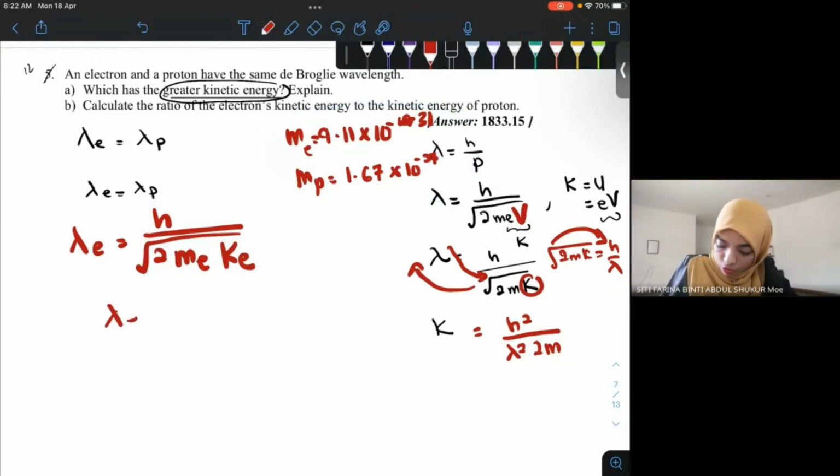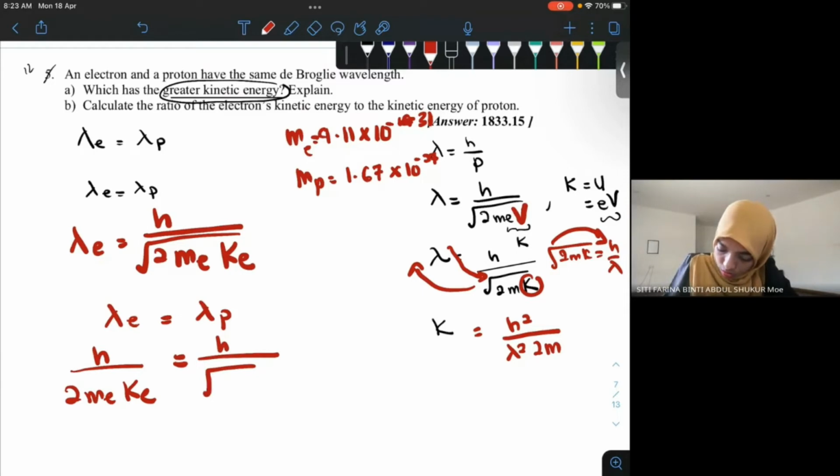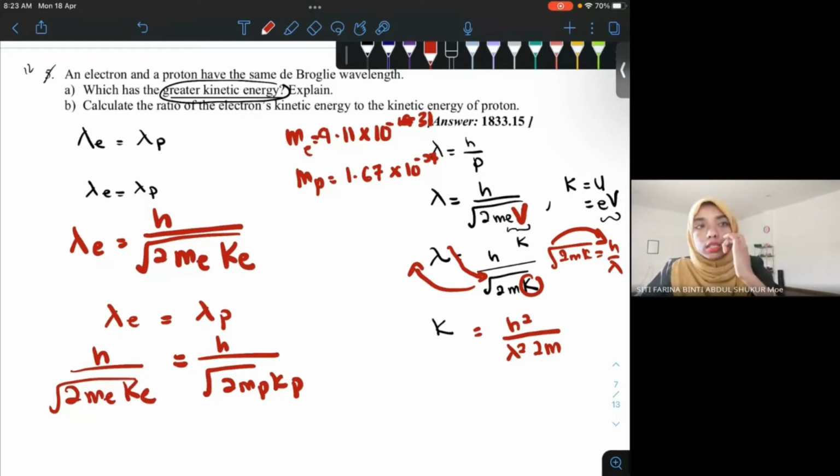Since dia kata lambda of electron sama dengan lambda of proton, you will end up with H over square root of 2 mass of electron, kinetic energy of electron sama dengan H over square root of 2 mass of proton, kinetic energy of proton dekat sini. Kita akan end up with something like this. As you can see, your H is constant, kita boleh cancel. 2 pun constant, kita boleh cancel. So what you can do here is, awak punggung lah dia, jadi 2, 2 tak ada dah.